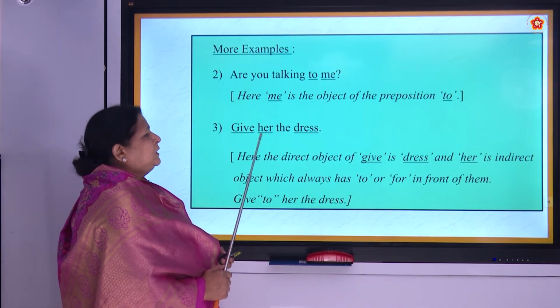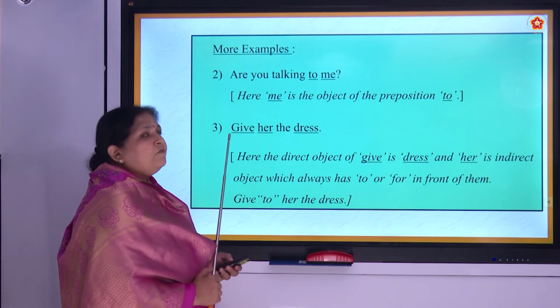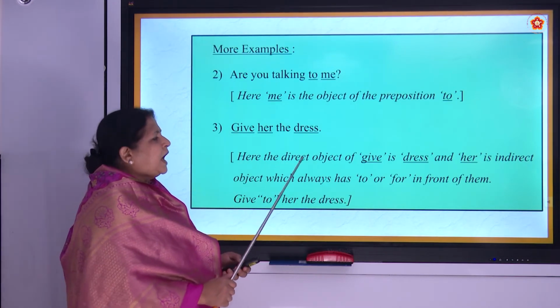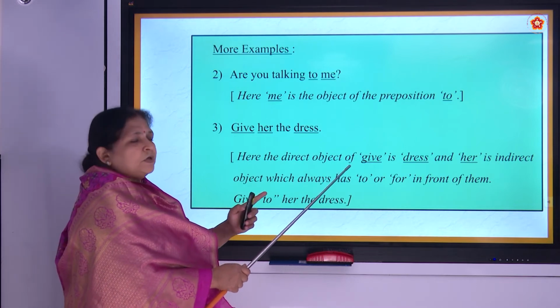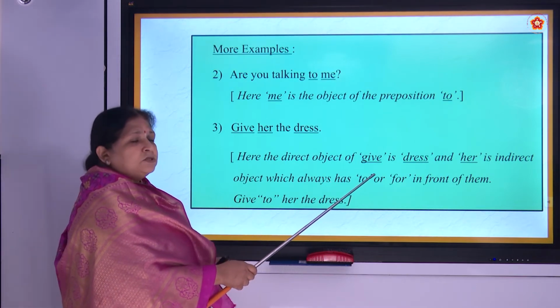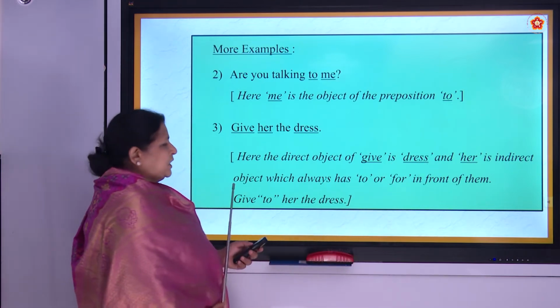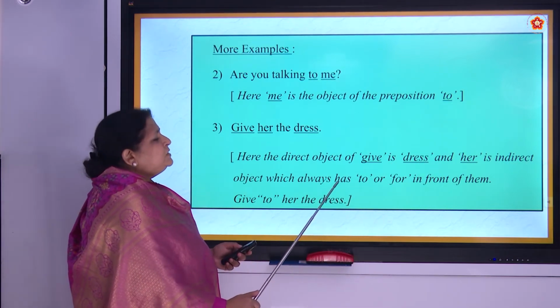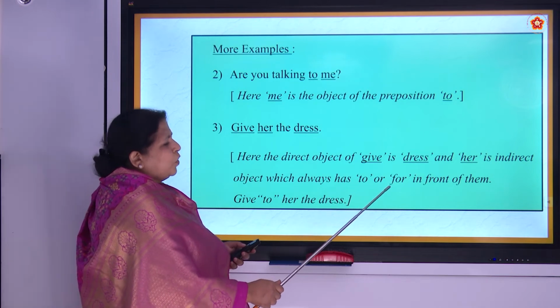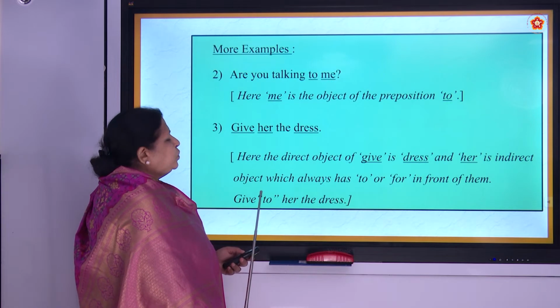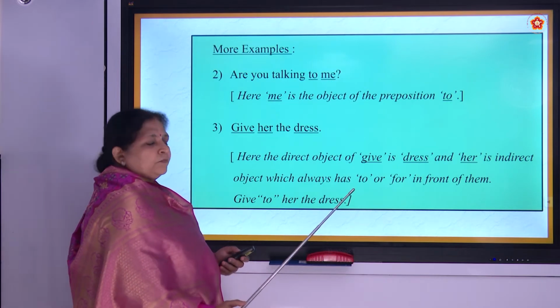Give her the dress. Here, the direct object of give is dress. That is understood, right? And her is the indirect object which always has to or for in front of it. Give to her the dress.